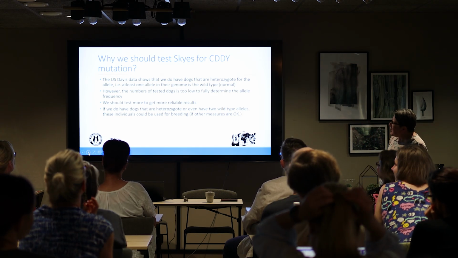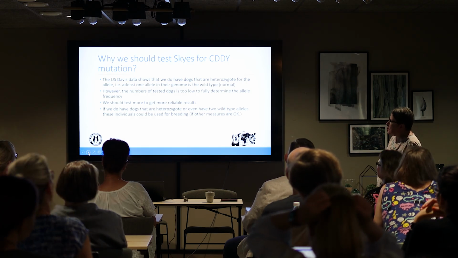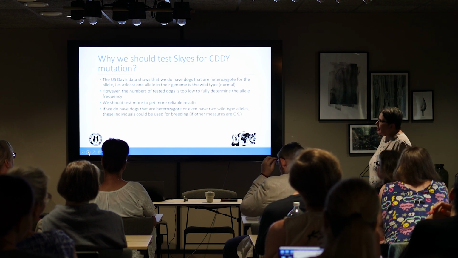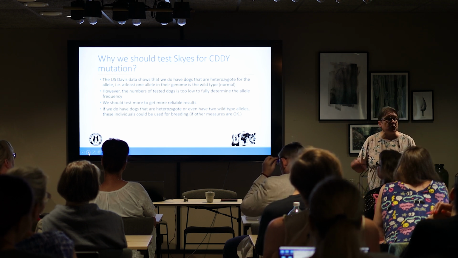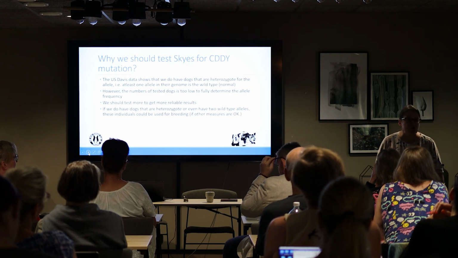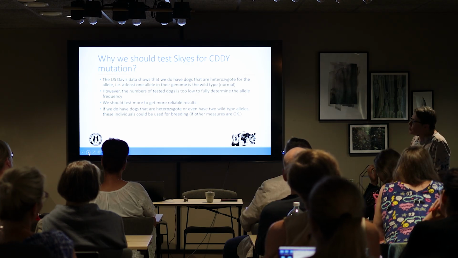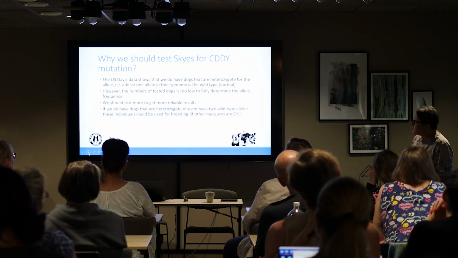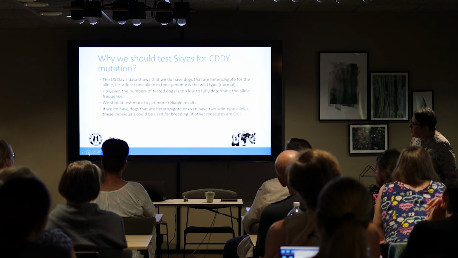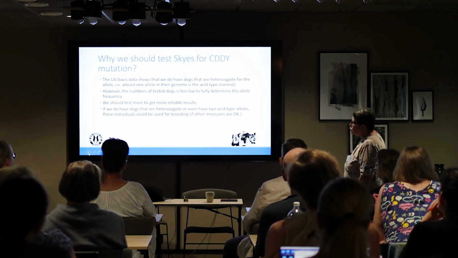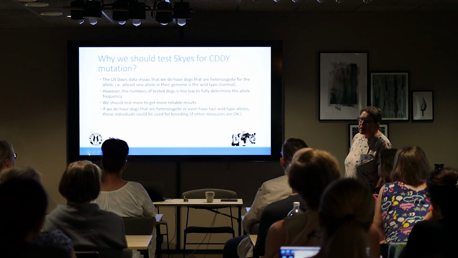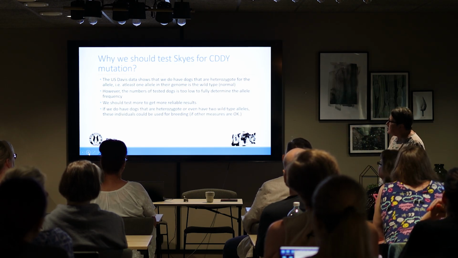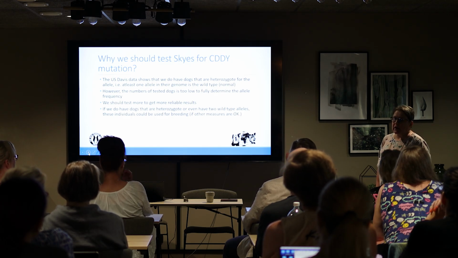Okay. But as said, the number of tested dogs is too low. And we cannot at the moment fully determine the allele frequency in the breed. The 0.77 is only an estimation. So we should test more dogs to get more reliable results. If we do have dogs that are heterozygote or even have two wild-type alleles in chromosome 12, these individuals would be used for breeding, if other measures, of course, are okay.